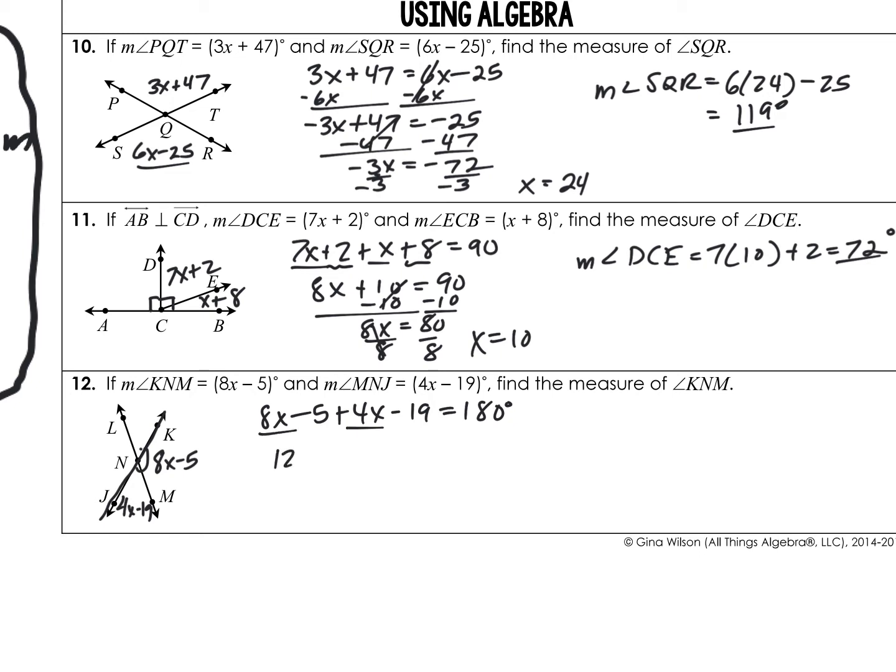Combine like terms, that's 12x minus 24 equals 180. Add 24 to both sides. 12x equals 204. And then 204 divided by 12 is 17.